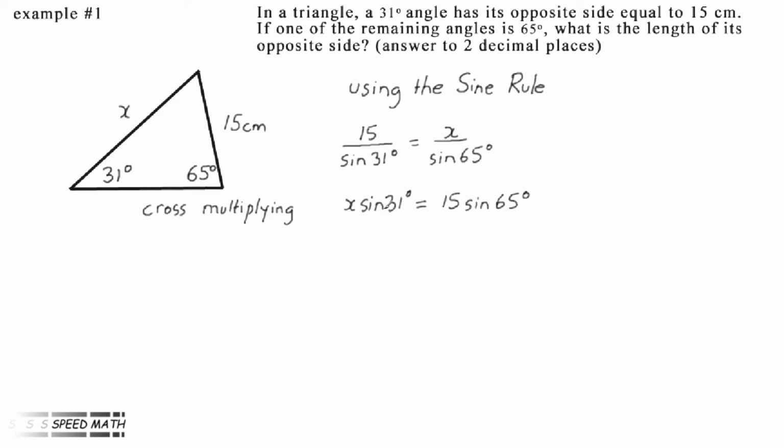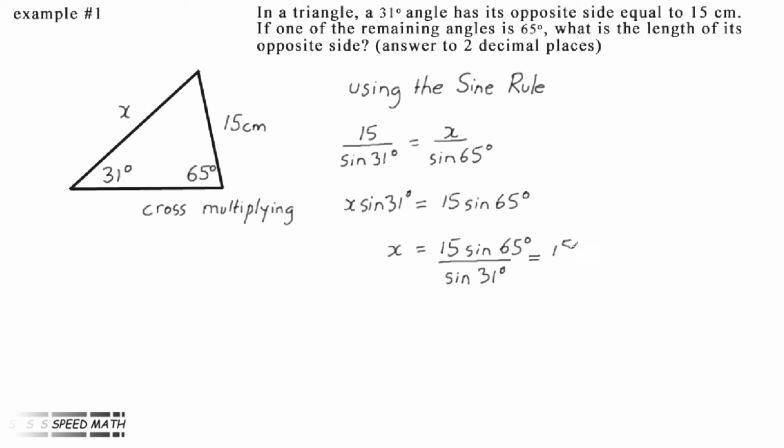A linear equation, so now we can easily isolate x. So rearranging, we divide each side by sine 31 degrees, this cancels on the left, leaving the x alone. x equals 15 sine 65 degrees divided by sine 31 degrees.